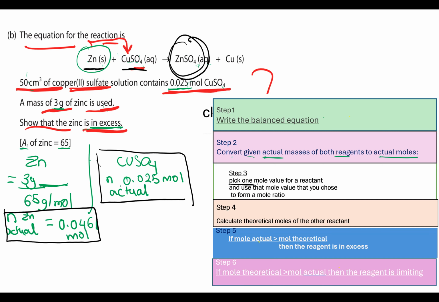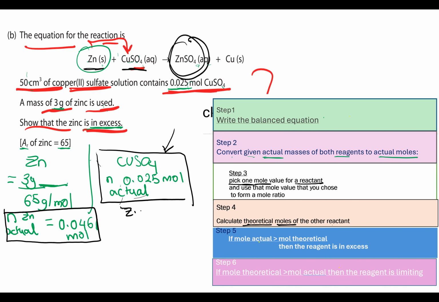Pick 1 mole value. Which one do you want to pick? You can pick, for example, CuSO4, because it's already been calculated, so there is no error in it. That would be a good thing to do. Smart. So now we're going to calculate the theoretical moles of the other one. Now we have actual, we need theoretical of something else.